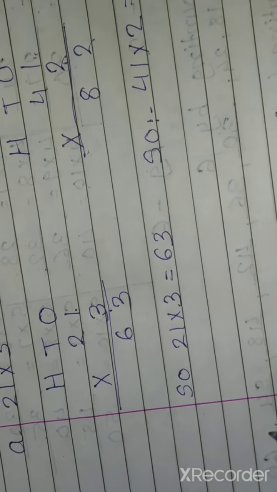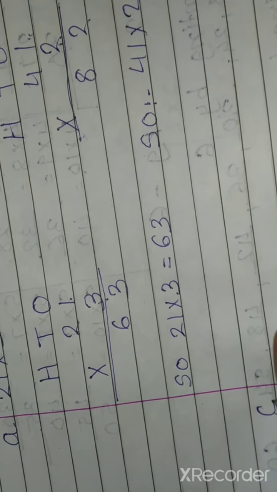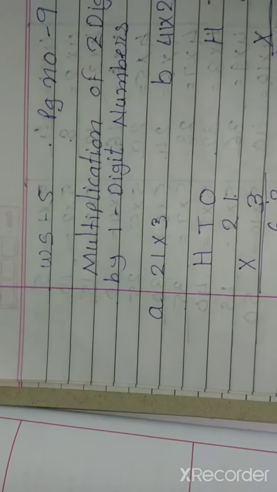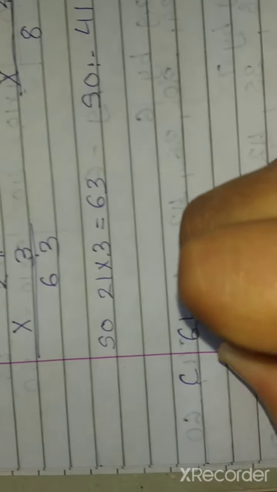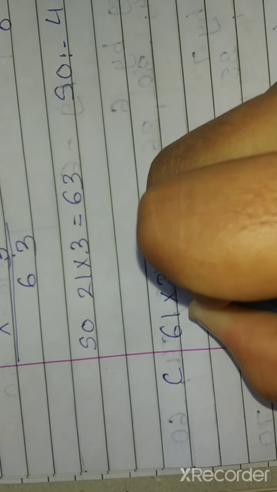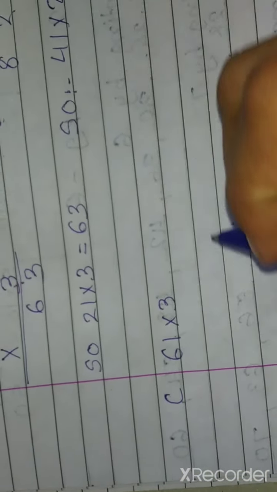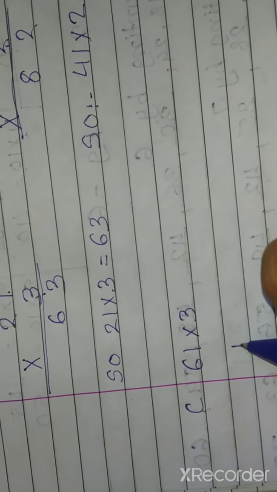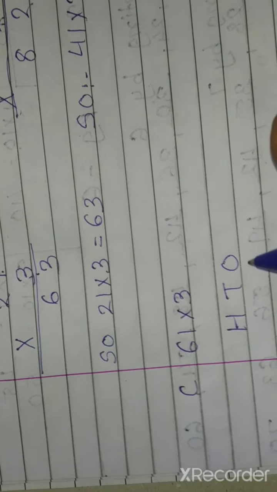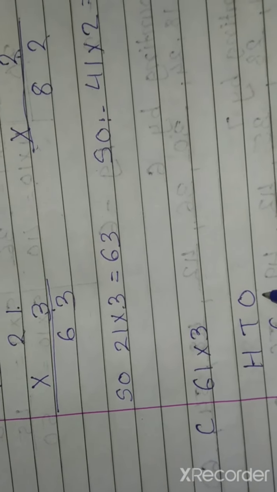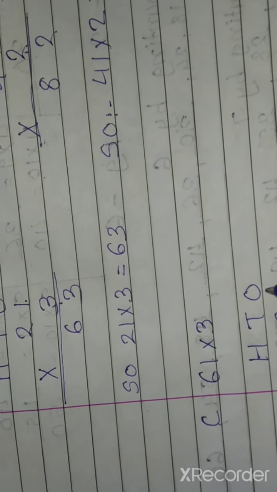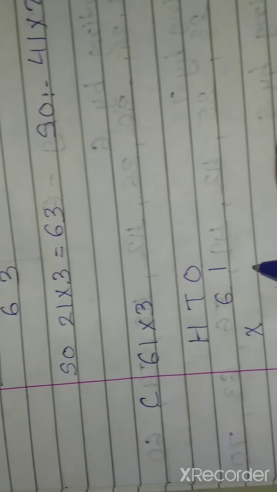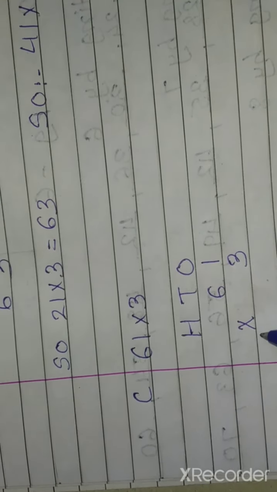Now the next sum is C1 sum. The question is 61 into 3. So what do we write here? Hundreds, tens and ones. After that we write 61 in the tens and ones columns. Put the multiply sign and write the 3 in the ones column.